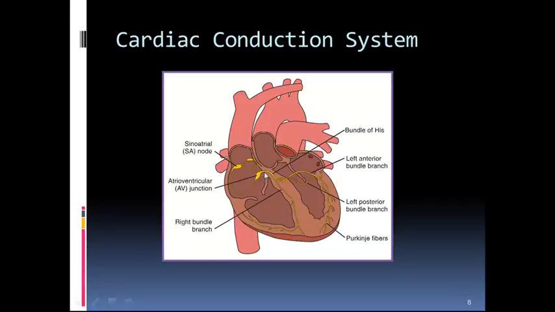And then the electrical impulse goes into the bundle of His, which is in part of the septum of the heart, and then goes to the branches, which is the right bundle branch and the left bundle branch, and then into the Purkinje fibers.